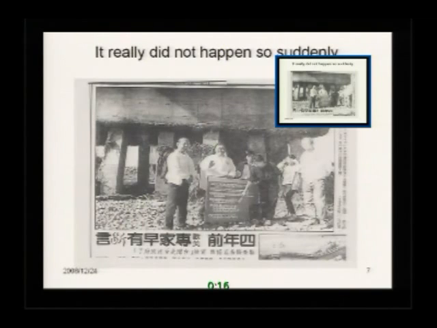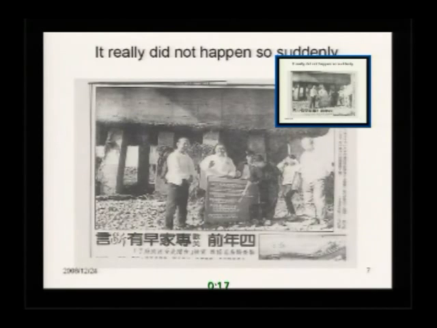Instead of harvesting the sand and gravel from the riverbed, they harvest it from the beach, and that creates a more serious problem for the building, because sand and gravel from the beach contains a lot of salt, and the salt makes the reinforcing bars corrode, and the building becomes really unusable. So the bridge really did not collapse so suddenly.